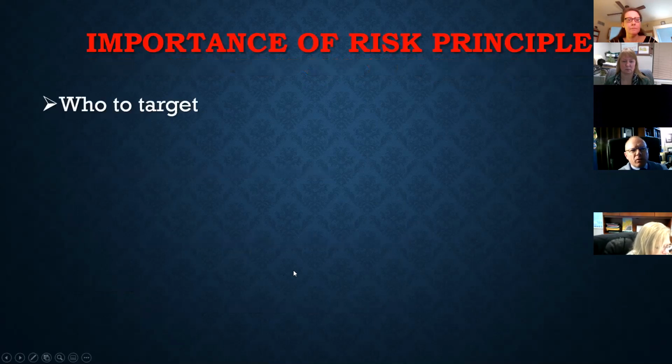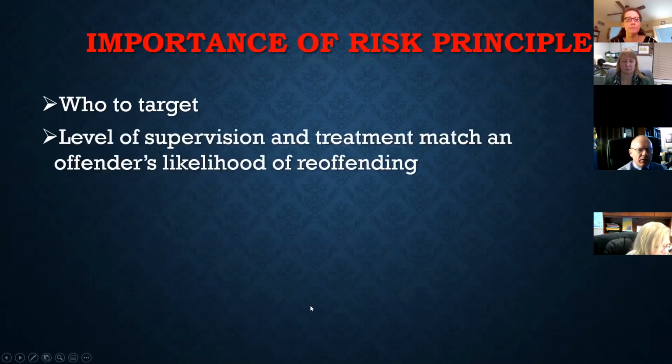So the importance of the risk principle really is, who do we target? All right, that's the key strategy. And I want to emphasize what's really important, what we've been able to do in Dauphin County. When folks hear reentry, they typically look at reentry as post-prison release, on parole, some type of incarceration.